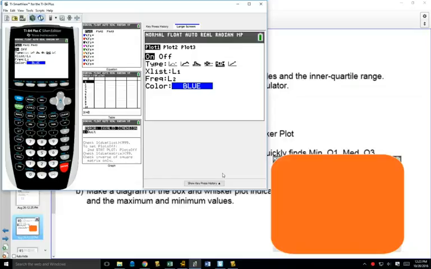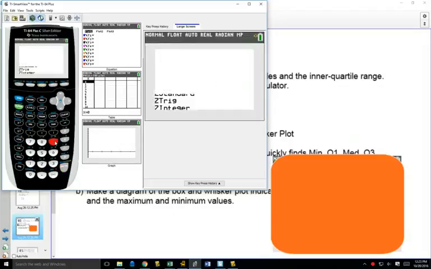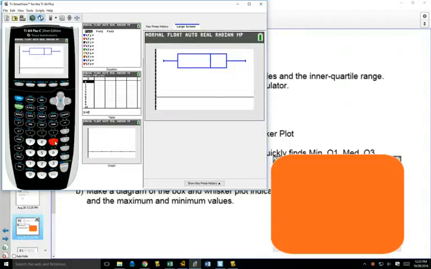And right now I had my data in list 1 and frequencies in list 2. So for our frequencies, either we have to put a 1 in there or we have to get rid of it. It looks like we're going to have to put a 1 because it wants to have something in there. And then zoom 9, and it will make your box and whisker plot.